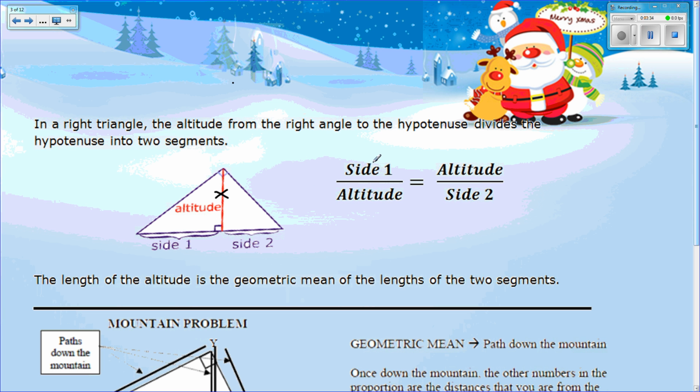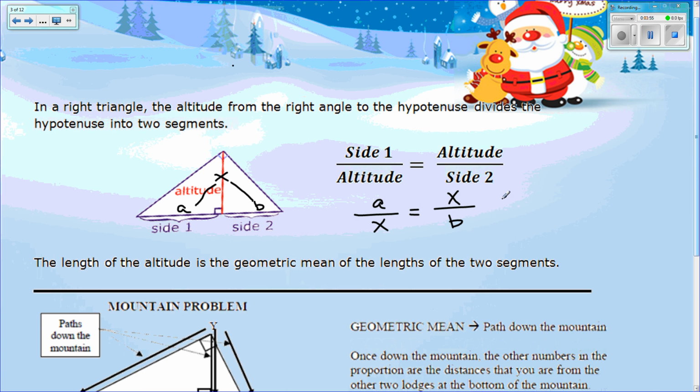So we'll call side 1 A, side 2 we'll call B, and the altitude is x. So you get something that looks like this. You fill in that formula, so you still have your geometric mean, and then the other two sides. It's the same formula, you just have to figure out which piece goes where. Okay? So keep that in mind.